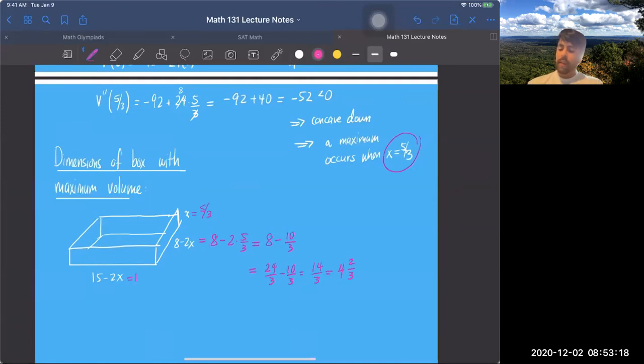And this would be 15 minus 2 times 5/3, which is 15 minus 10 over 3, which is the same thing as saying 45 over 3 minus 10 over 3, which is 35 over 3. And this would be 3 goes into 35 how many times? 11 times? 2/3?